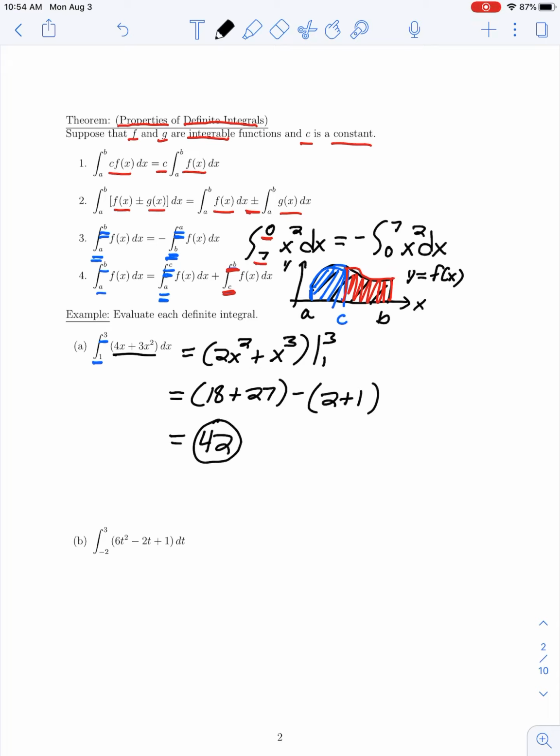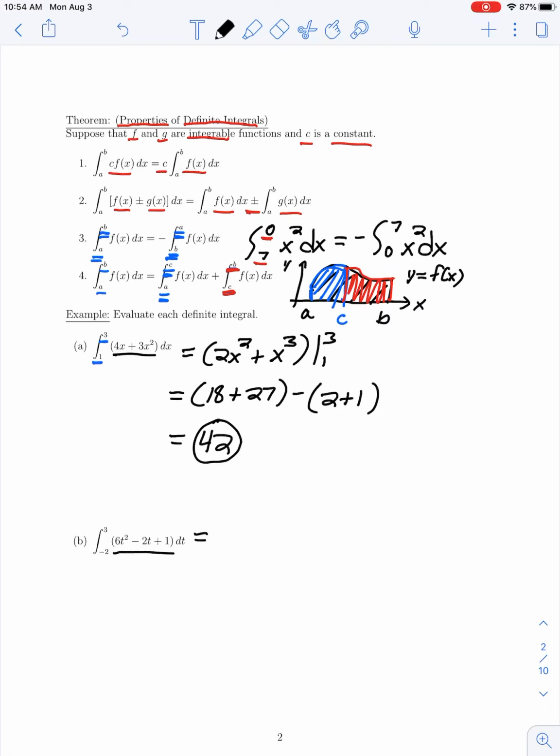Now in part B, again, we're integrating some polynomial function. It involves a sum or difference of a few terms. So using the fundamental theorem of calculus to evaluate this integral, we just need to find an antiderivative of this function.